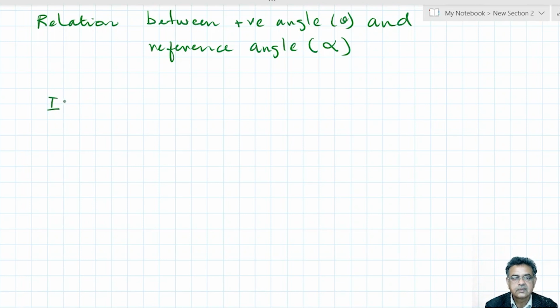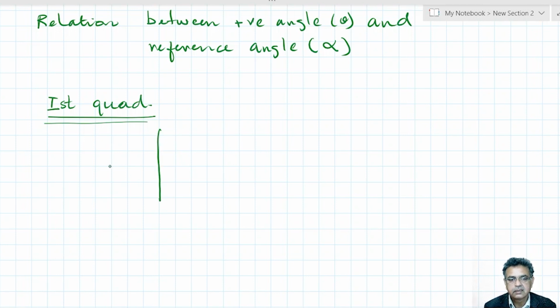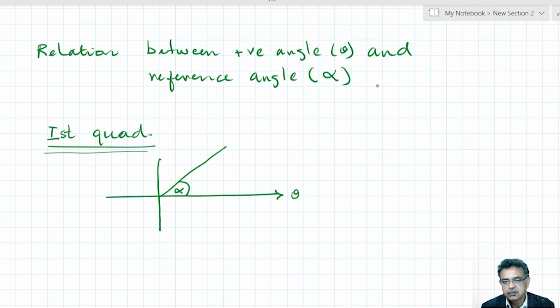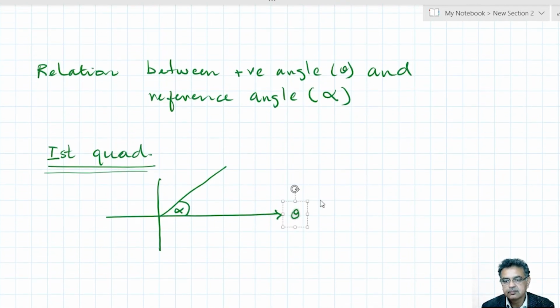So in the first quadrant, if this is alpha, so this is the positive x-axis, sorry.